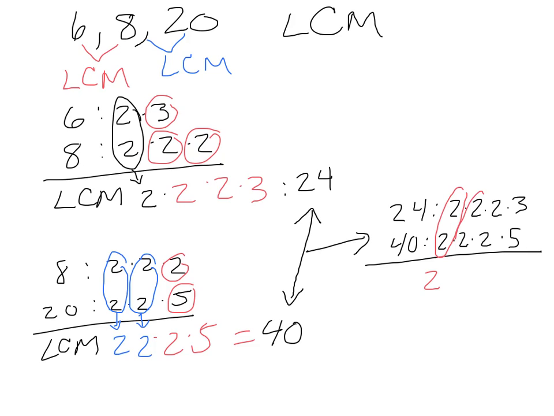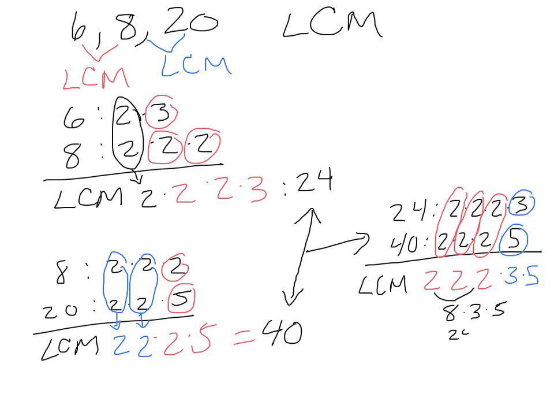Write it, write it, write it, and list the other factors. And here's your LCM. We've got 2 times 2 times 2, which is 8, times 3 times the 5. We've got 24 times the 5, and so your LCM is 120.